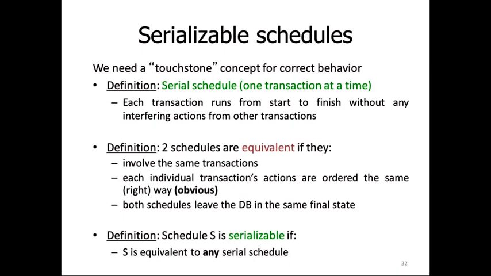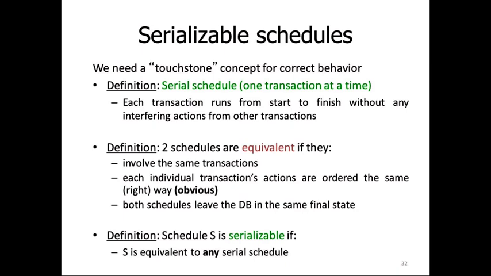We will accept any schedule that, even if mixing in time operations from the various transactions, leads to a result that is the same as the result of a serial schedule. So a schedule for us will be correct, will be serializable, if it is equivalent to some serial schedule, to any serial schedule that is possible.